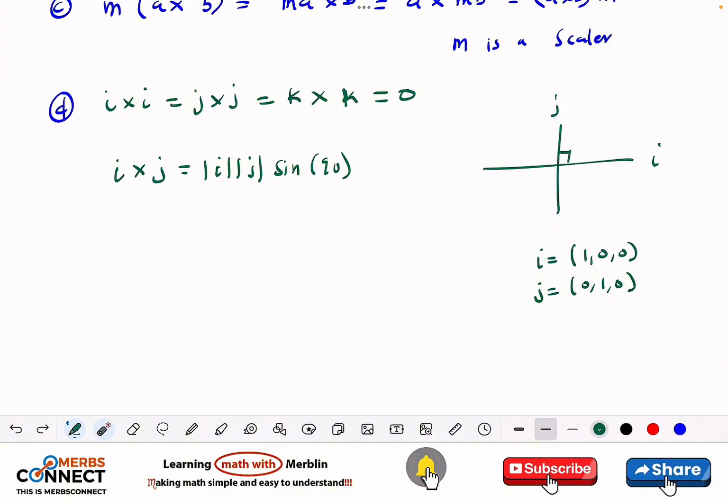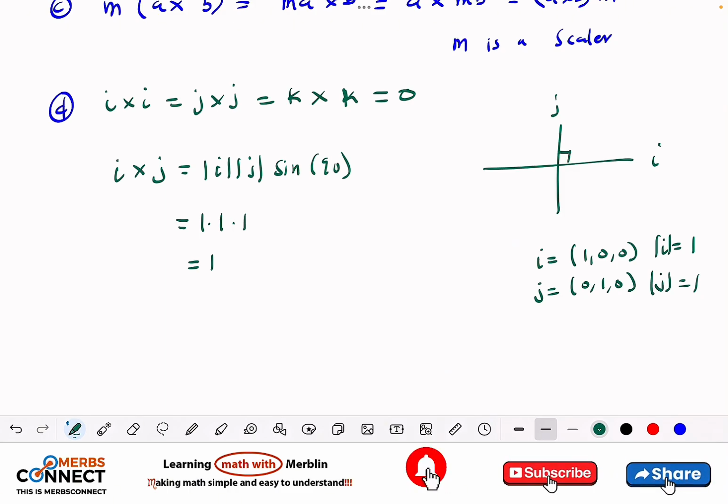So we said that this is a unit vector, I mean, the magnitude is 1. When I find the magnitude of I, this is 1. The magnitude of J is also equal to 1, so this is 1 times 1. Then what is sine 90? Sine 90 is 1, so this is going to give us 1. So it means that I cross J, in a different direction, is giving us 1.